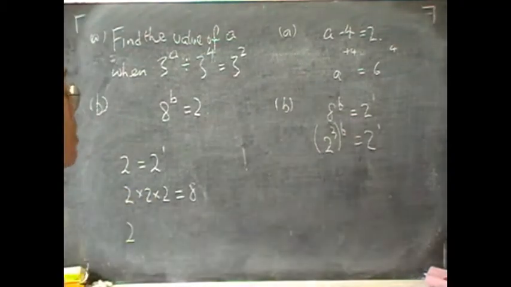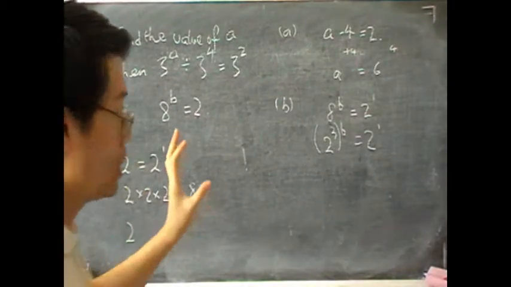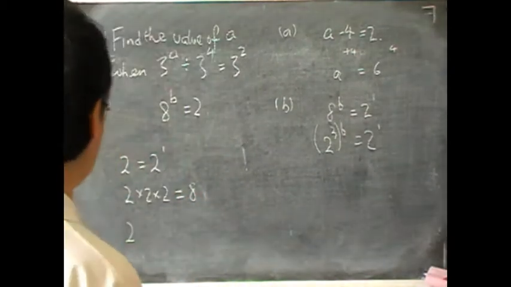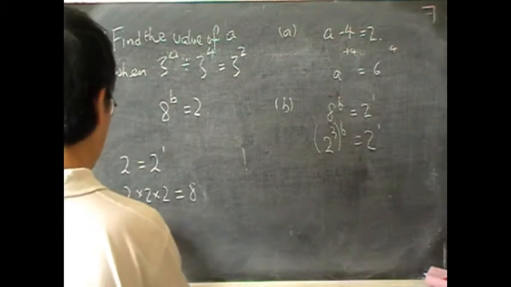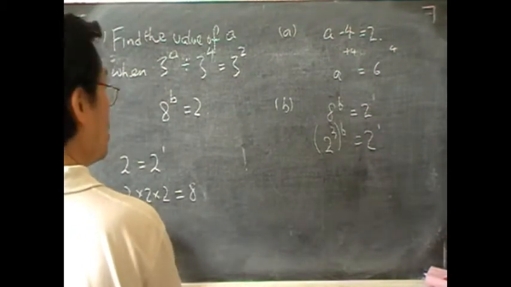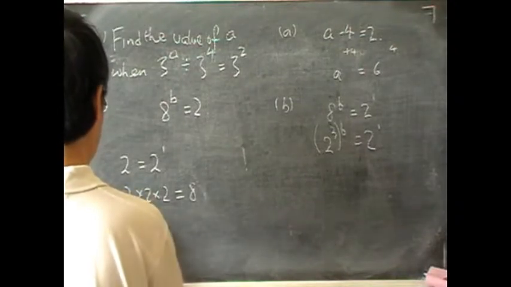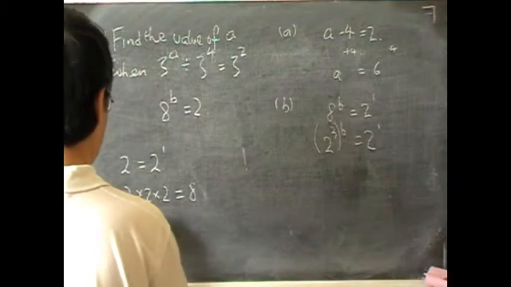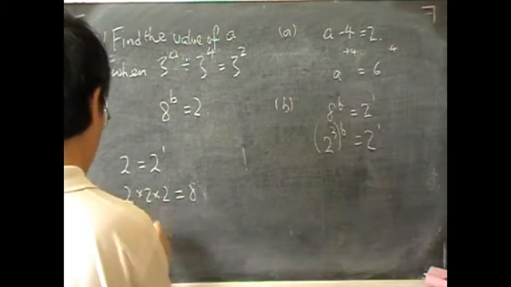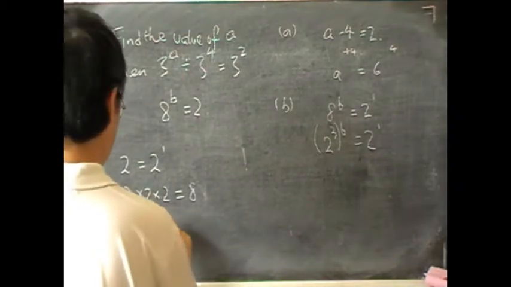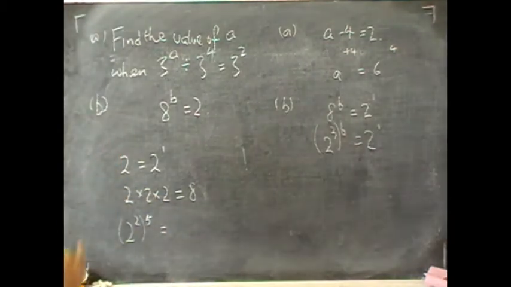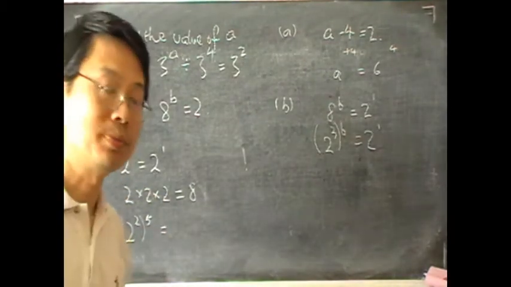And to see what we should do, let's look at an example. If I have, for example, 2 to the power, say, 2 bracket, and then this whole thing to the power of 5. So let's look at that as an example.